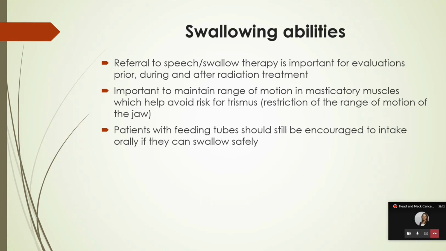Trismus is a restriction in the range of motion of the jaw, and that can affect people's ability to eat and talk, and it could be painful as well. So the speech therapist helps by giving different kinds of exercises to patients to do, and we encourage them to do those during treatment and after, just to avoid this trismus effect.